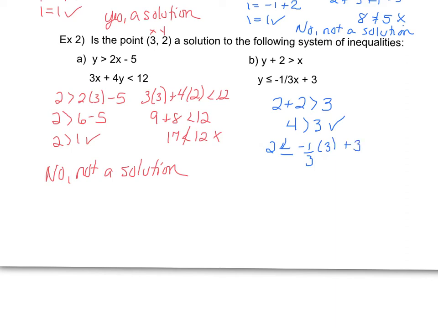Again, using rules for multiplying fractions, I reduce my 3's, and I get 2 is less than or equal to -1 plus 3. So 2 is less than or equal to 2, and because I can either have this side be less or equal, it is satisfying the part where it says or equal, so I'm going to say that works. So yes, the point is a solution.